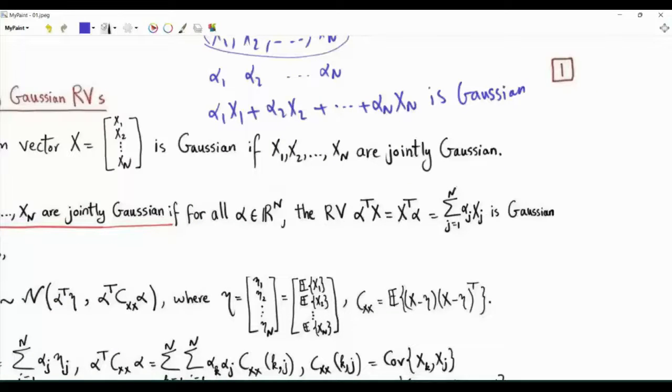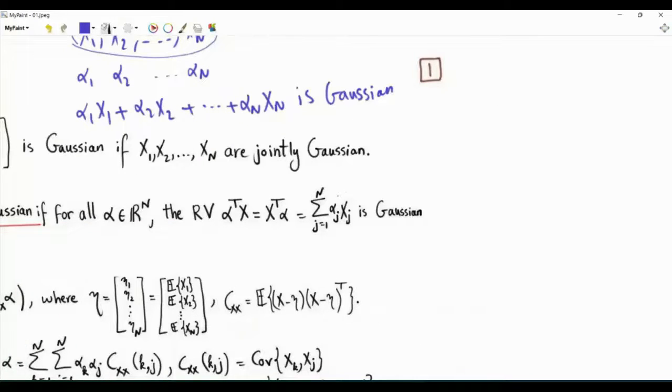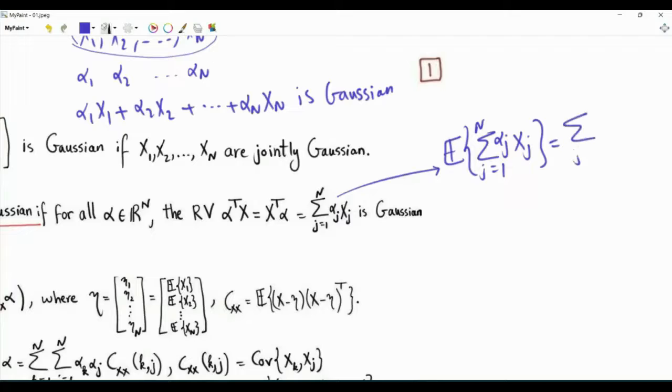Now, if this quantity is Gaussian, then it is characterized by the mean, or the first moment, and the variance. So what is the mean and what is the variance? So apply expectation. Expectation is linear, so this is the summation j from 1 to n of alpha j times the expected value of xj. So this will be the first moment of this Gaussian random variable.